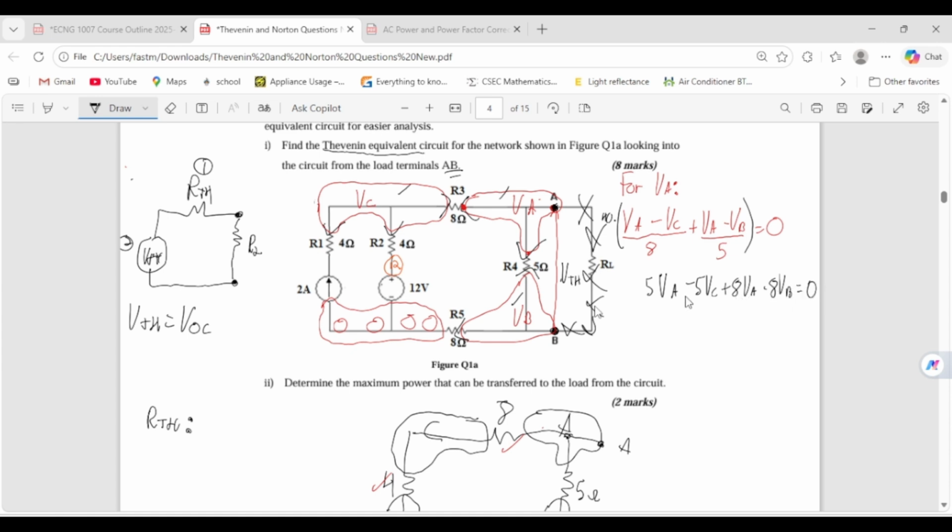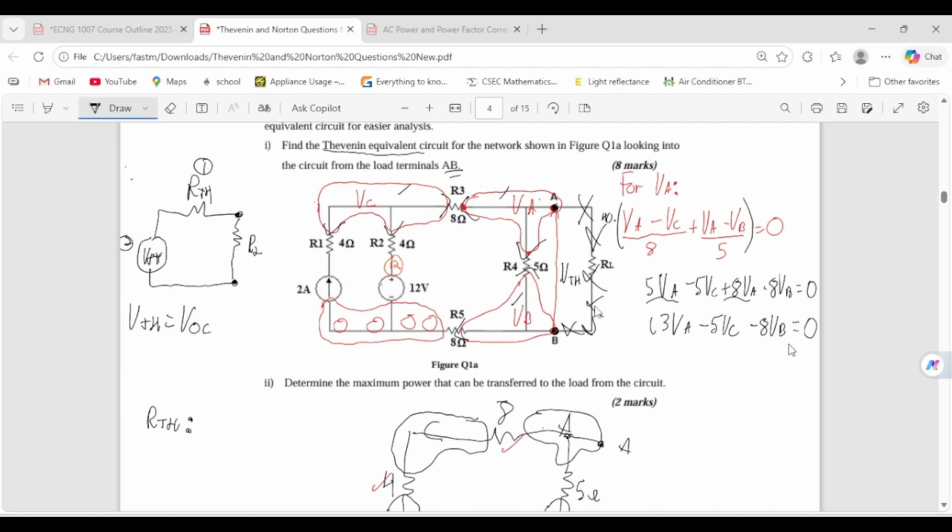And just like we did before, you simplify. So 5 and 8 for the VA, then you have minus 8 VB. So let's keep going. So 5 and 8 is 13. Minus 5 VC, and you have minus 8 VB, and equal to 0.